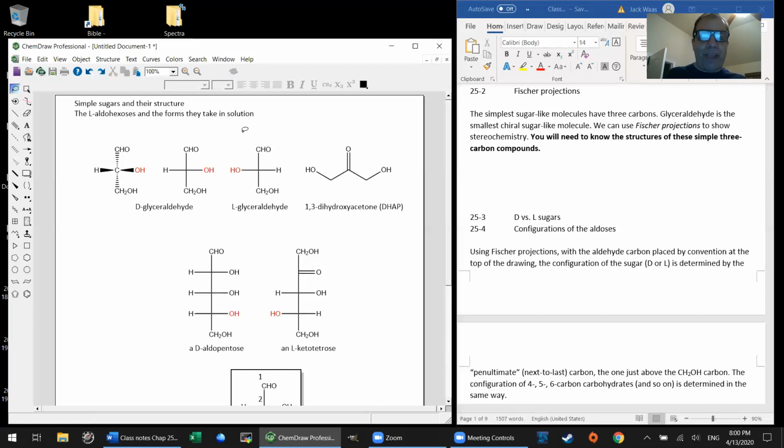And one other thing, when OHs go on the left side of the molecule like this, please write HO. Please don't write OH. It makes it look as though you're not aware that the oxygen is connected to the carbon. And yeah, we are less picky about abbreviating groups like aldehyde functional groups here or CH2OH.